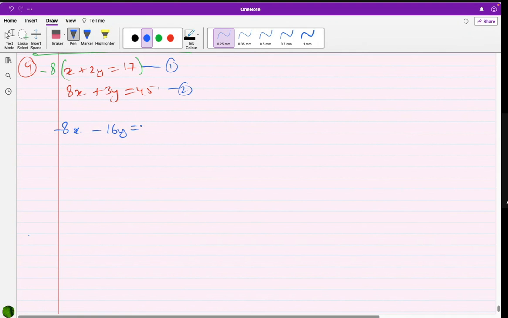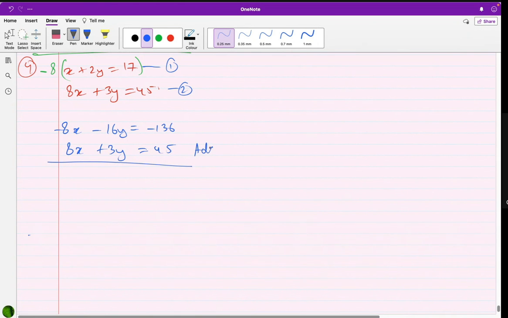Let me get my calculator. So 17 into 8 is 136, minus 136. The second equation is 8x plus 3y is equal to 45.